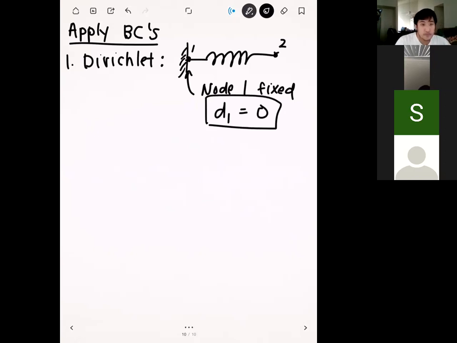This gives us an equation, D1 = 0, that we can actually apply into the global linear system.